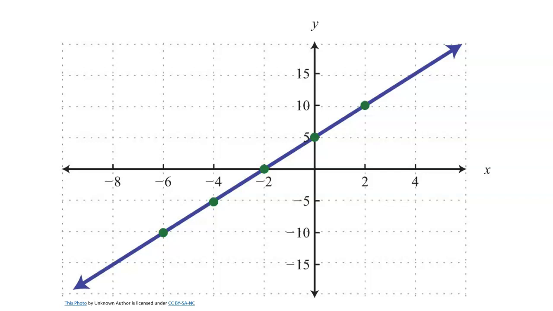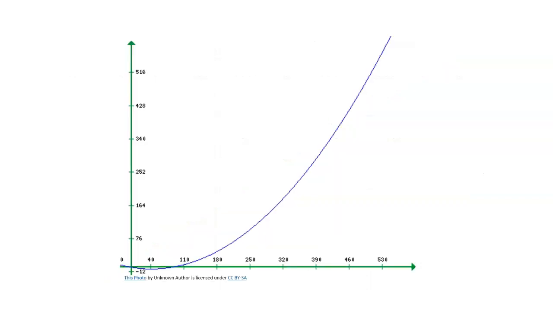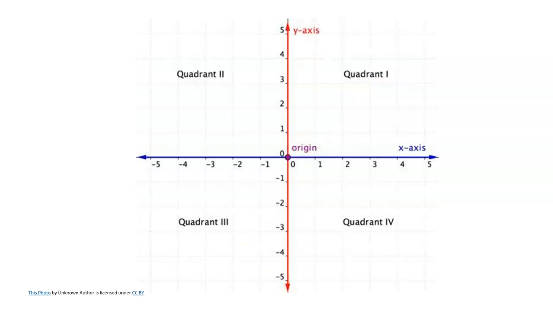Now, some relationships are going to be linear, which means that the line is straight when your result is plotted, very similar to this. Other relationships are going to be non-linear, and those are going to result in curves like you see here. Graphs are drawn on axes, two straight lines drawn at right angles to one another. The vertical line is the y-axis.